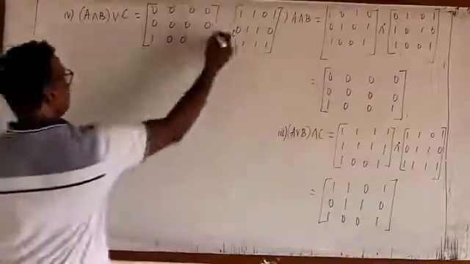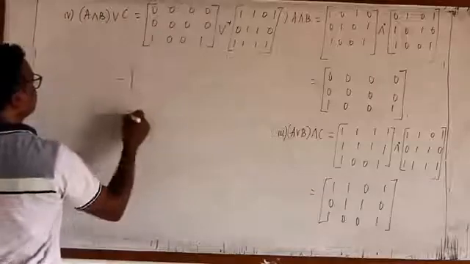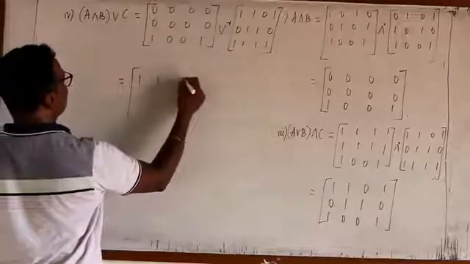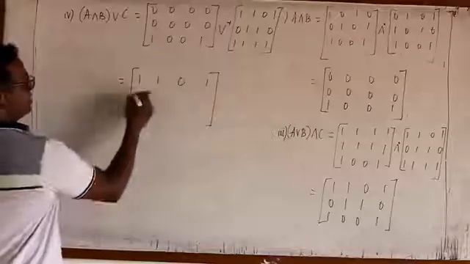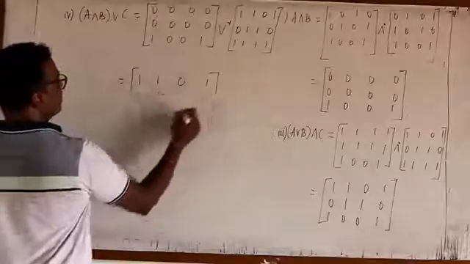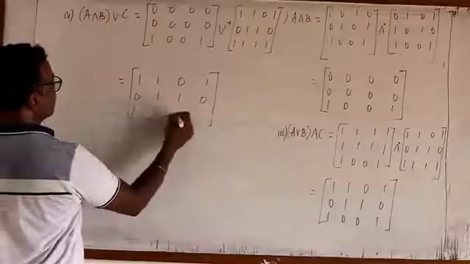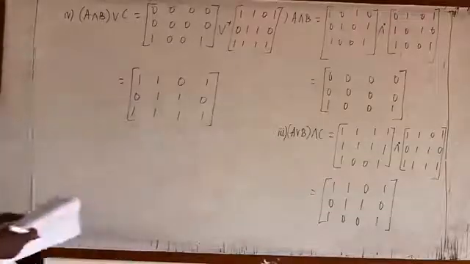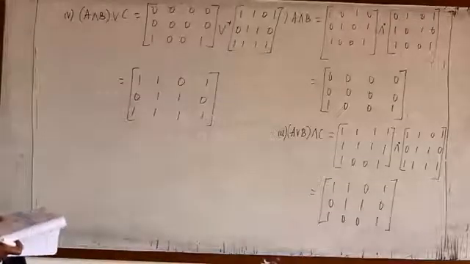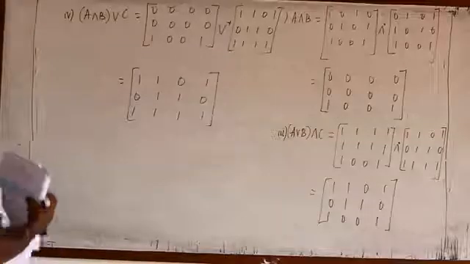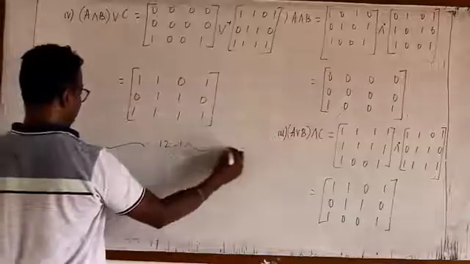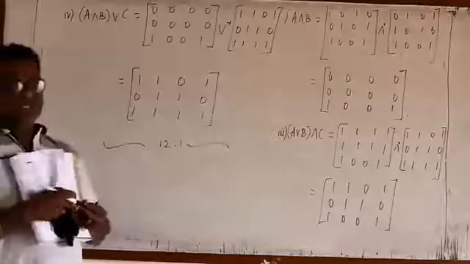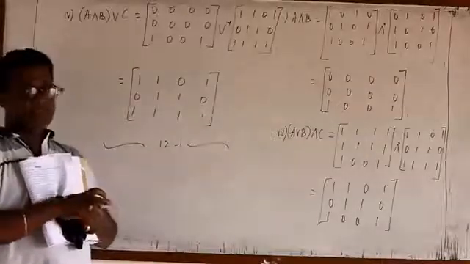I have to add, just add: 0 plus 1 is 1, 0 plus 1 is 1, 0 plus 0 is 0, 0 plus 1 is 1, and so on, giving 1 1 0 1 0 1 1 0 1 1 0 1. So that's all. With that, exercise 12.1 is over. So we shall see exercise 12.2 next.